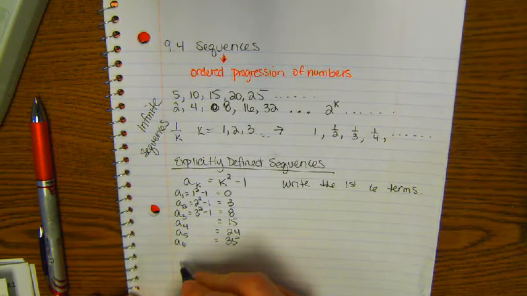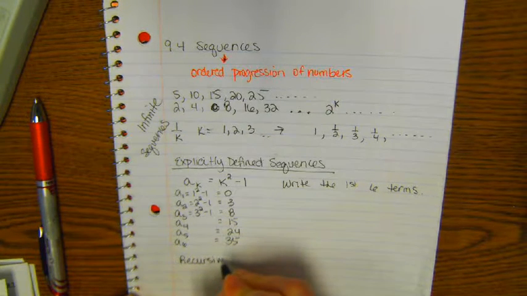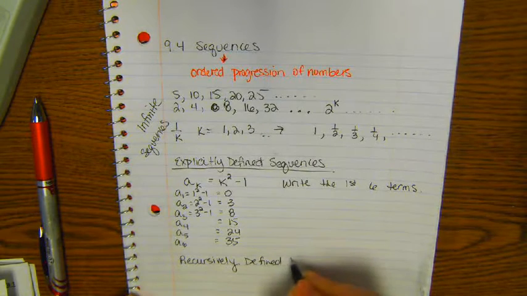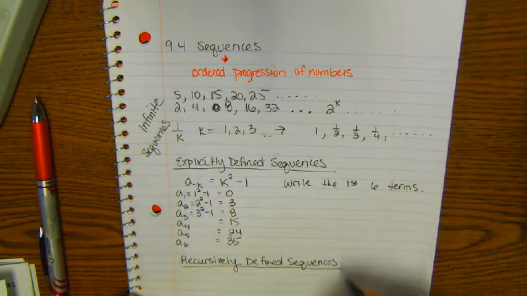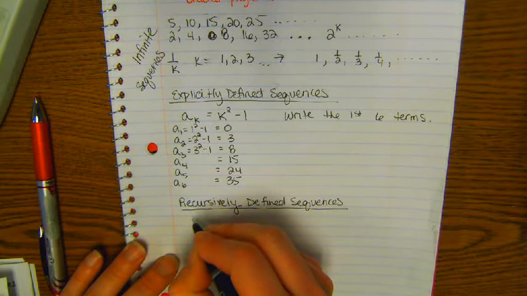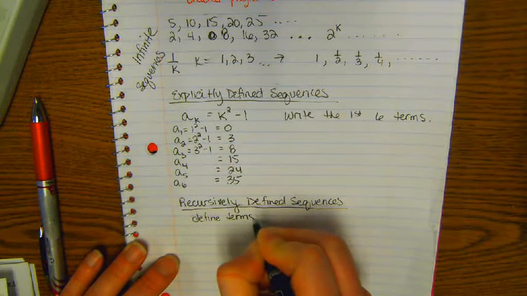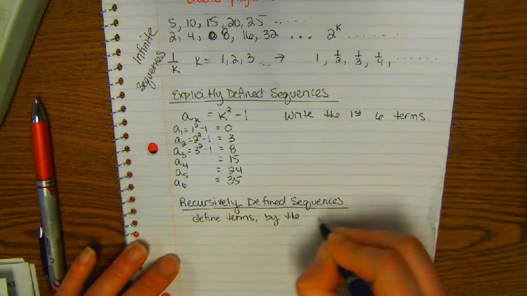When you want to define something recursively, that's a little different. What we do for recursively is we define terms by the terms before it.